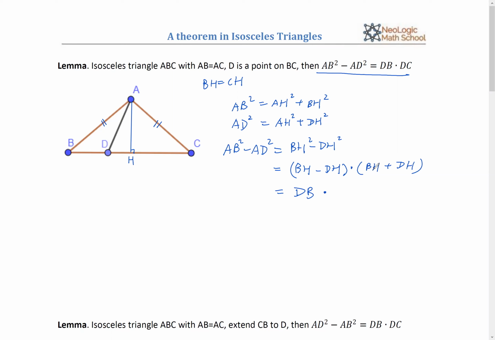Times BH plus DH. But this BH is the same as CH, right? So this component is actually DC. And that's it. That's the proof of this little result.